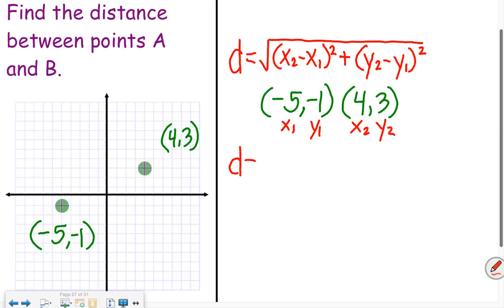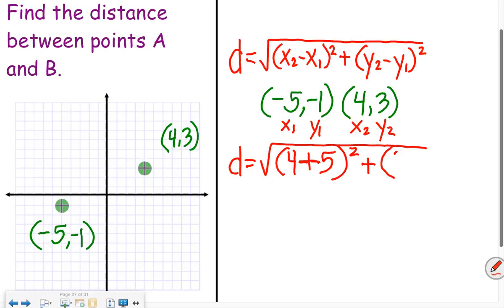So D equals the square root of x2 minus x1, so a plus, because we're minusing a negative, y2 minus y1, also a plus, because we're subtracting a negative.